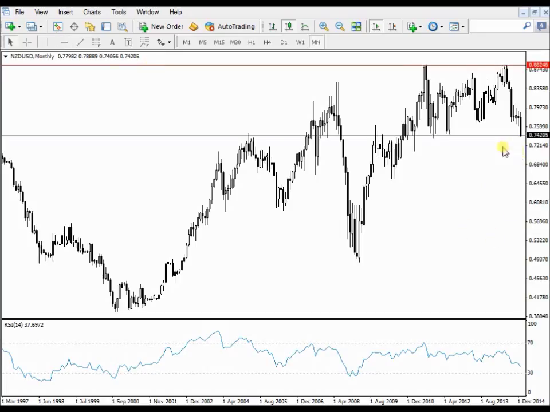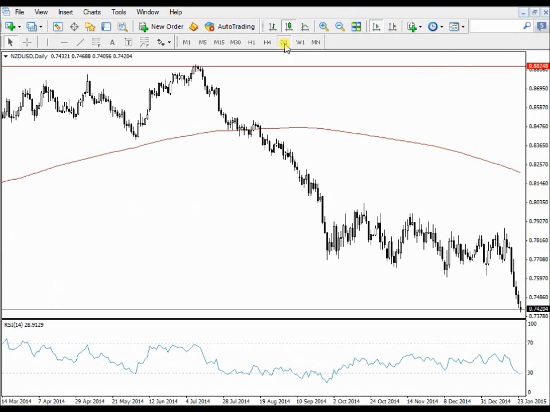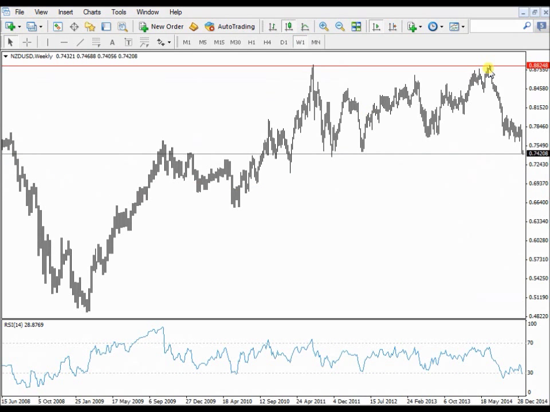So what do I want to do with this market? First answer that I want to give myself, I want to sell this market. Why? Because for the last few months this market is extremely bearish. I want to trade with the trend. Even if I go down to my daily, I can see a strong downward move. I don't want to buy this market. There's nothing going on here. You see it's resistance, broke down.